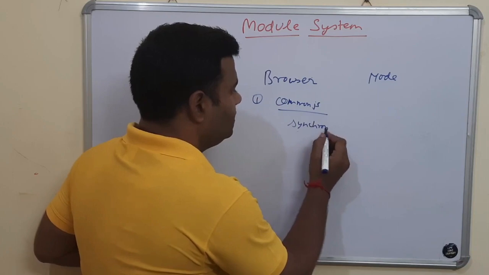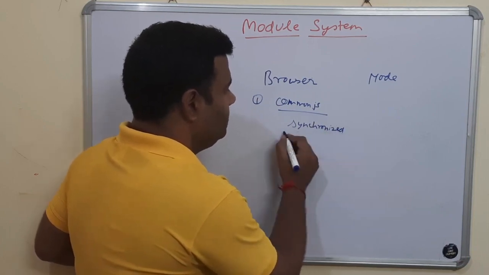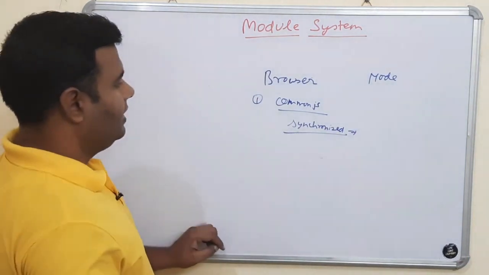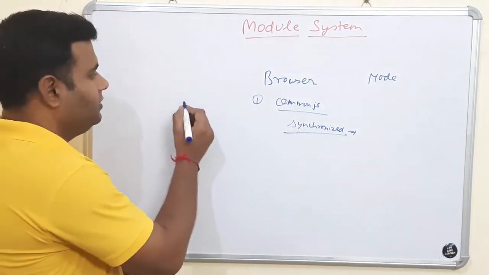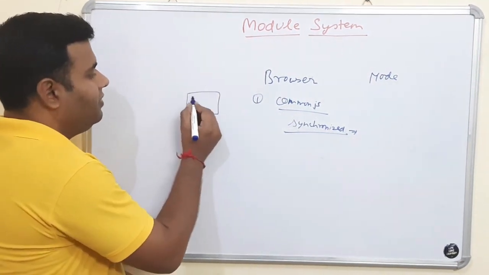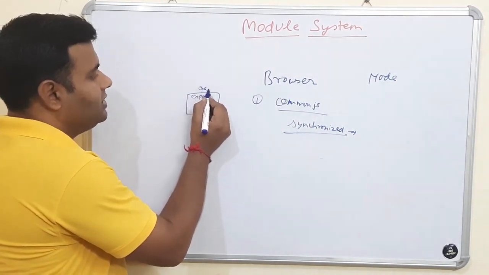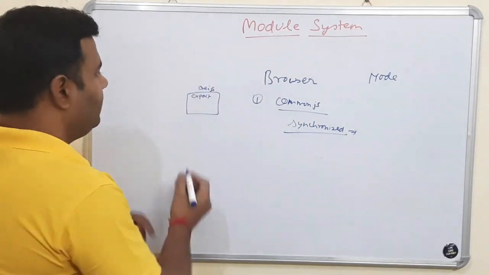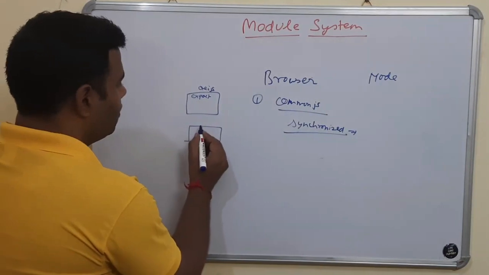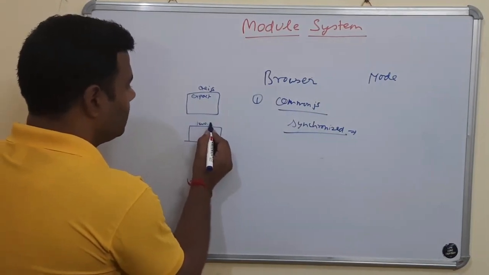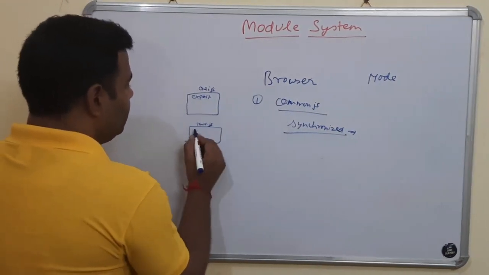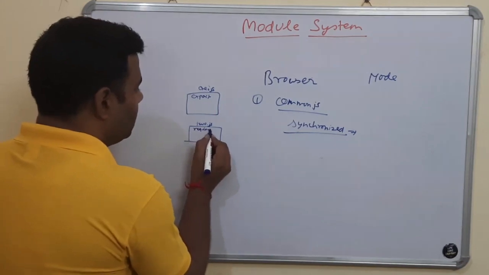Try to understand what this synchronous system is. Let's take an example and understand from there. We have a file, and in this file we have exported some function, let's say 1.js. We have created another module, let's say 2.js, and in this we are importing it using the require keyword.